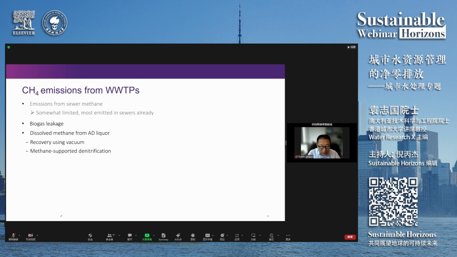In that way, we recover carbon and energy from organic carbon as biogas. But then the effluent of the anaerobic process has dissolved methane, and if that is not removed appropriately and is stripped into the atmosphere, that will add dramatically a lot of greenhouse gases to your carbon footprint.